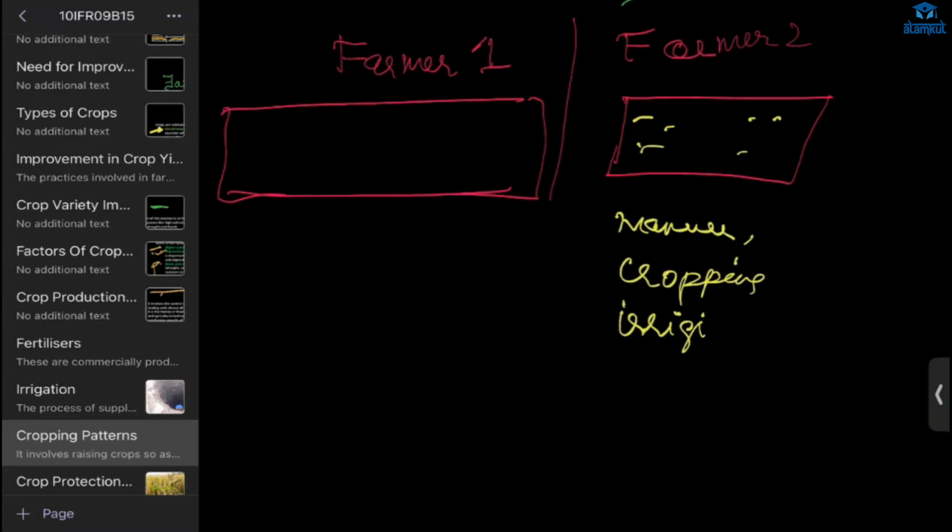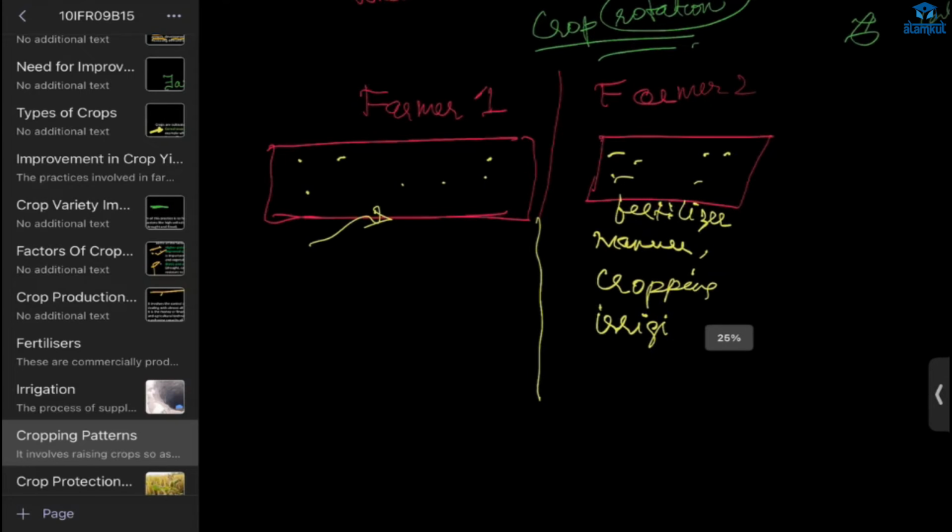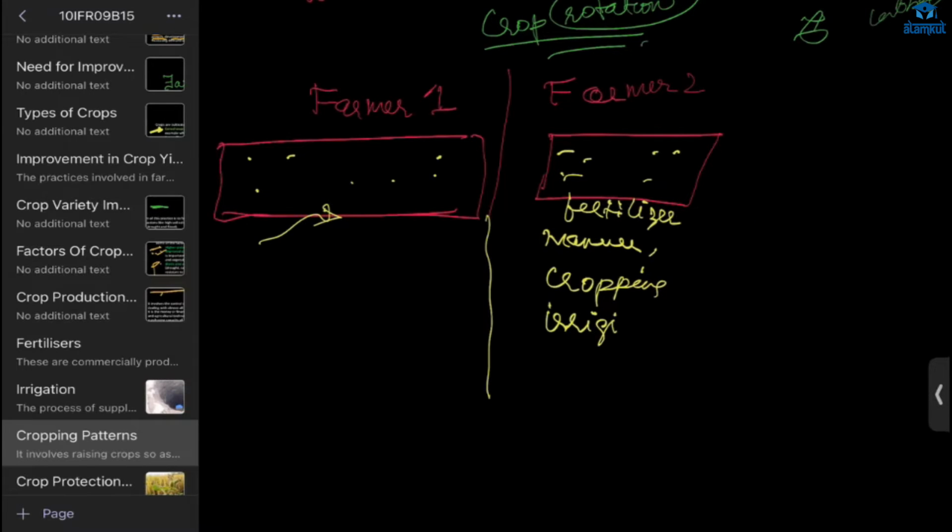And farmer one is poor, so he cannot afford all these things. So he's planting less, and he is getting less yield. Which farmer will get more crops, more yield and more money?